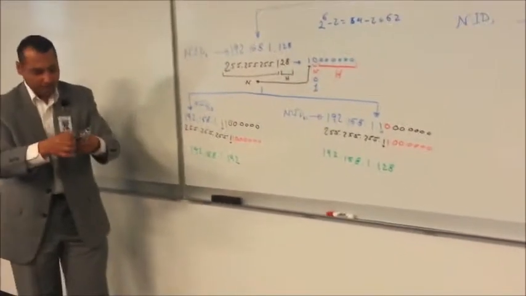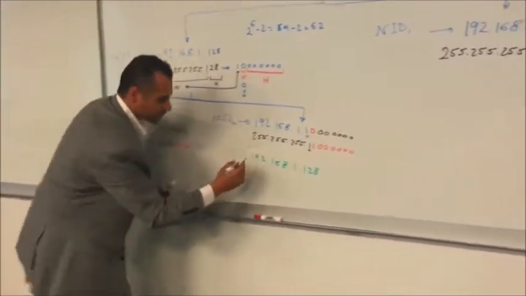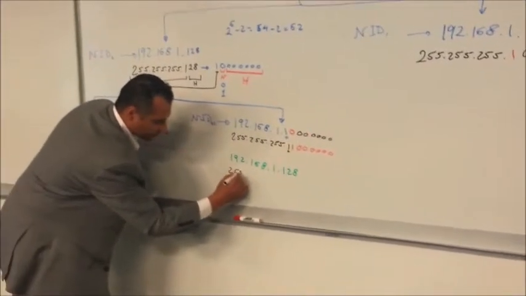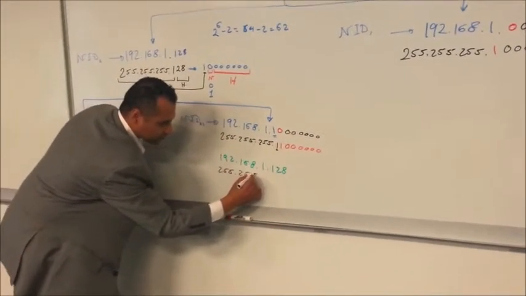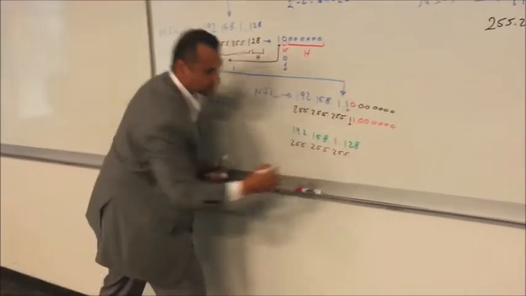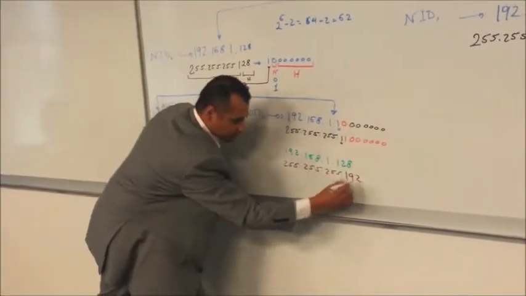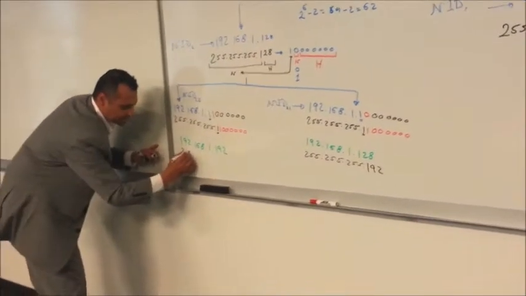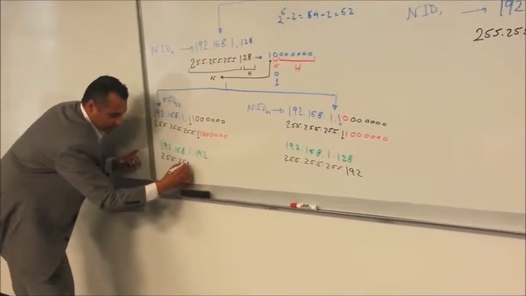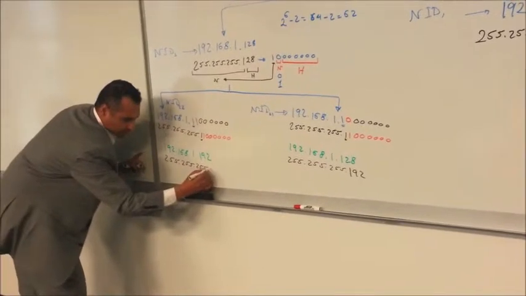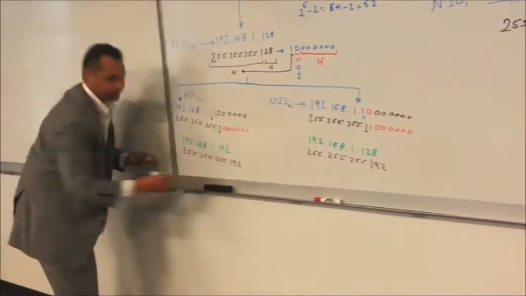Correct? Now let me write down the subnet mask. It's going to be 255 in decimal format. 255 what? What? 192. 192. Very good. The same way here, because it's going to be the same anyway. 192.